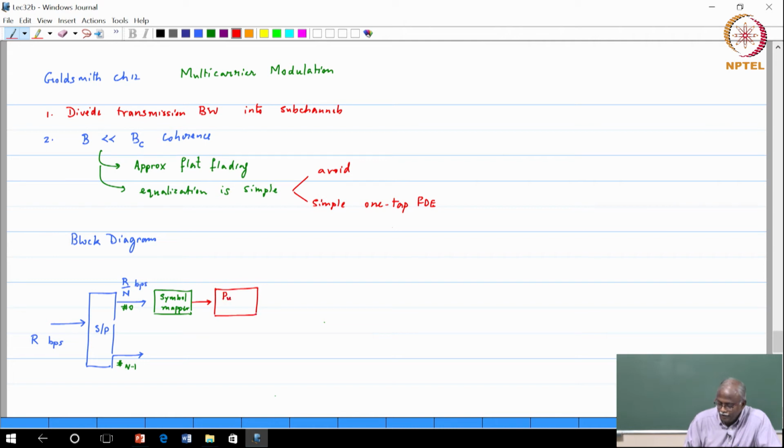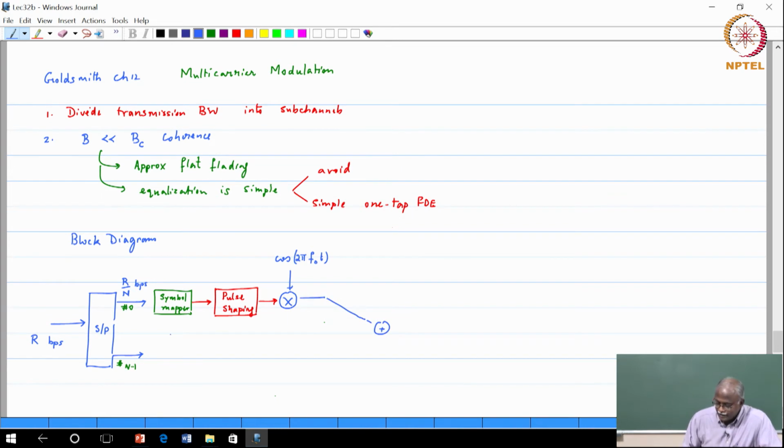Pulse shaping is to ensure that you have a compact bandwidth. Raised cosine, any of those types of pulse shaping is permitted. Now, you have to translate it into carrier frequency. The multi-carrier modulation says for the first channel I am going to translate it to a frequency f0, with e to the 2 pi f0 t, and then add it up.